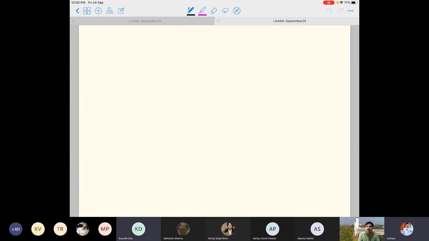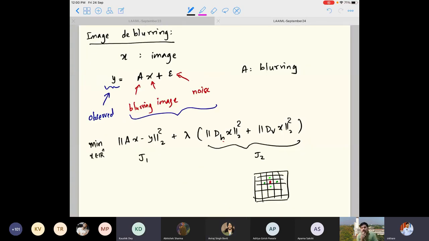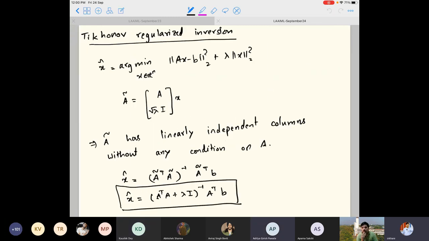Sir, one question. The blurring matrix, that is something we don't know, isn't it? No, sometimes you know that it is there. Sometimes you know how the blurring is there. Okay. Sir, this Tikhonov part, is it the same as ridge regression?